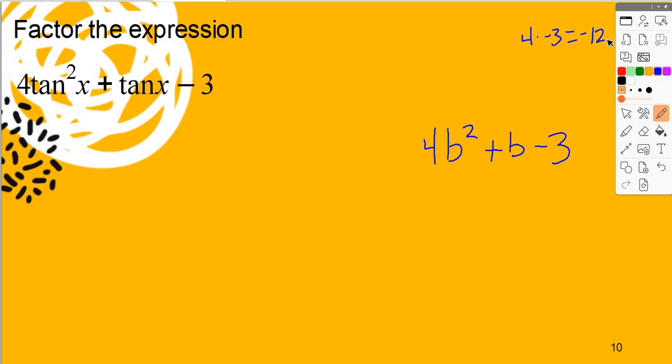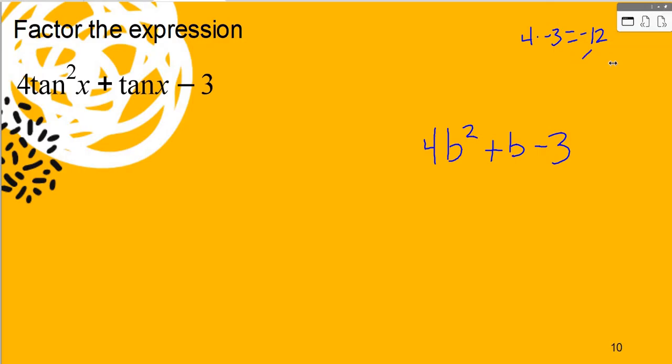That gives us negative 12. So we want two things that multiply together to give us negative 12, that add together to give us a positive 1. What do we think? 4 and negative 3. Cool.